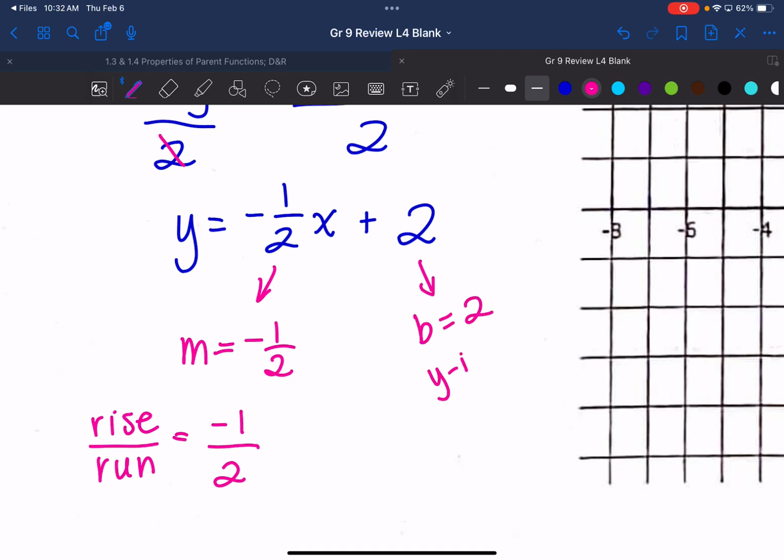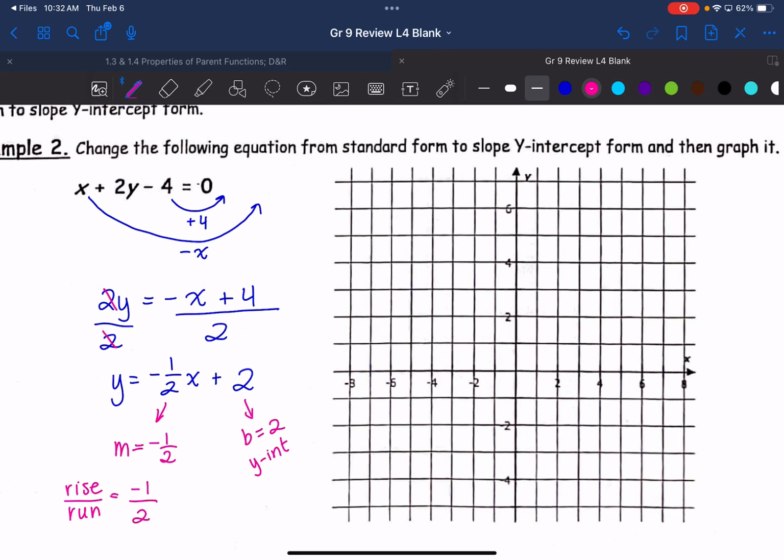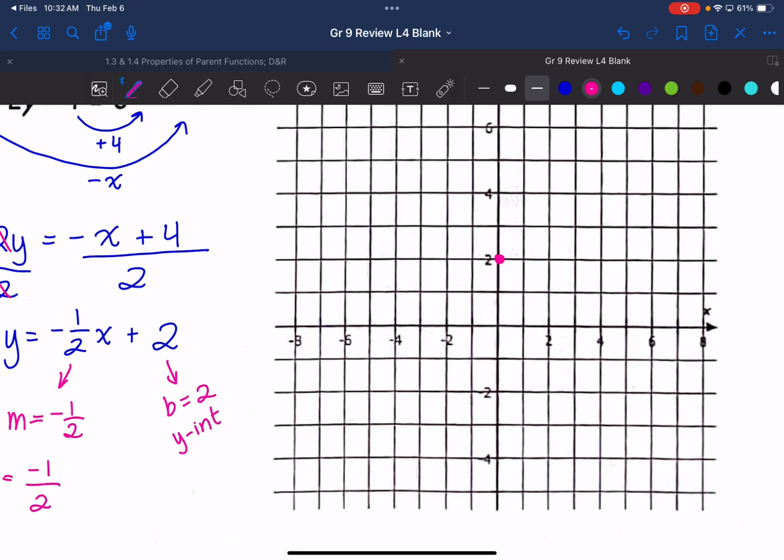So that's your y-intercept. So okay, I'm gonna take this over to the chart, and I'm gonna say, okay, 2 is up here, this is gonna be my starting point. And then here's where I'm doing rise over run. So because it's a negative slope, I'm gonna be decreasing, right? Left to right, I'm going over to the right. So I'm gonna go down 1/2, down 1/2, down 1/2, and then just keep repeating.